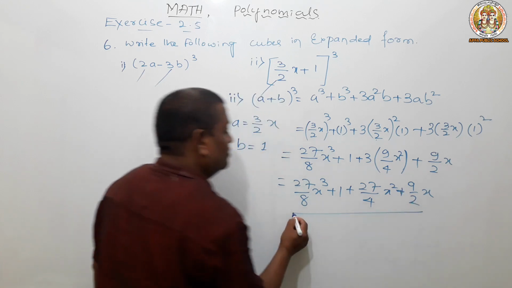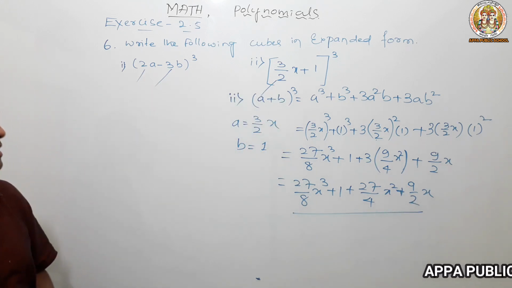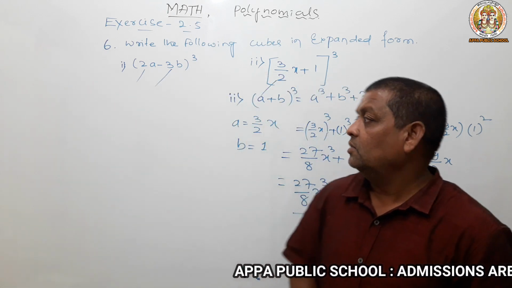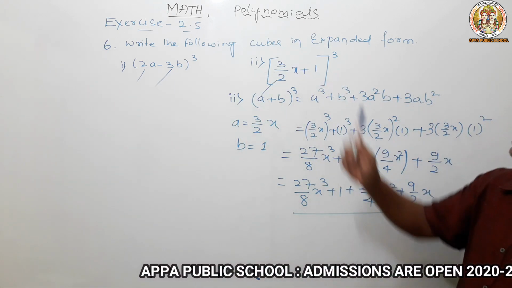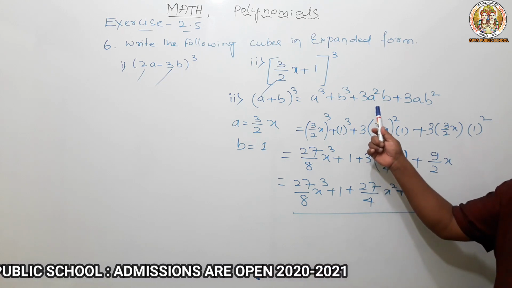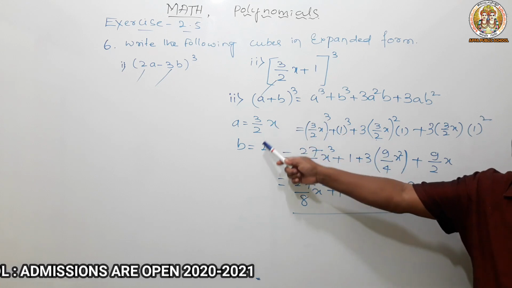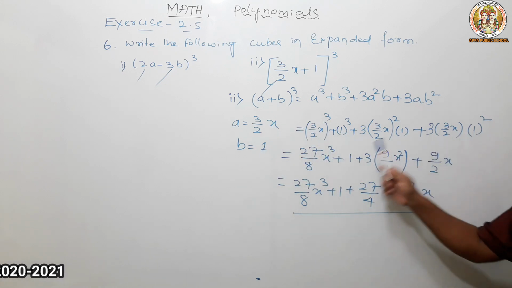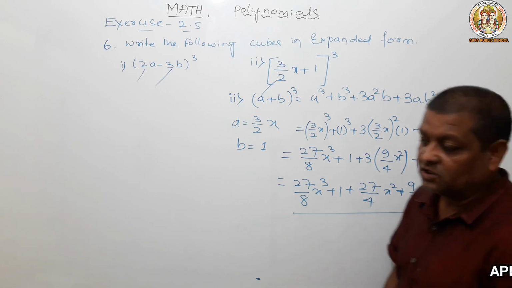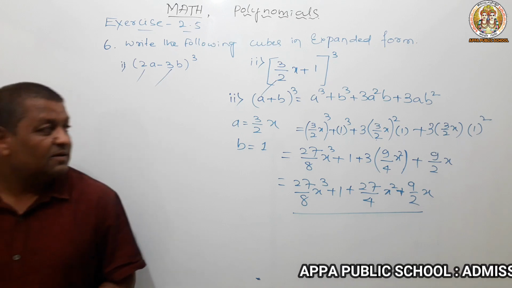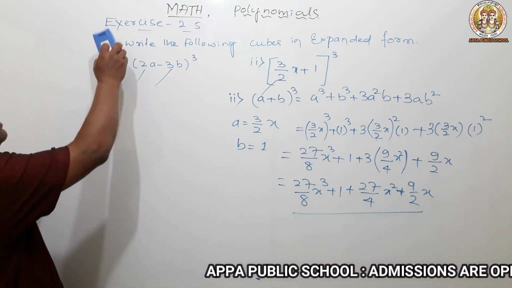So this is the final answer, the expansion of the given cubic form, that is (3 by 2x plus 1) whole cube. First write the formula, afterwards the values, substitution of the values in the formula and small simplification, and next is our answer. So now I am moving to the 7th bit.